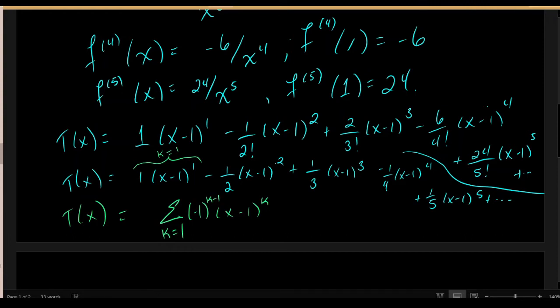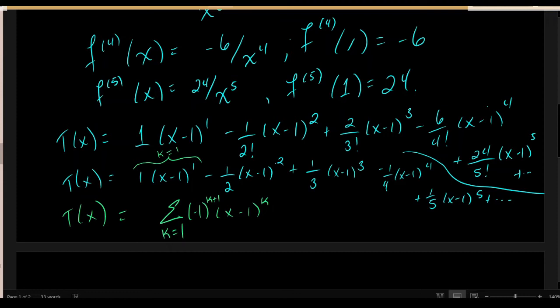Let's confirm that when k is equal to 1, the exponent k plus 1 becomes 2. So I have minus 1 to the power 2, which outputs a positive value. So I had to make a slight modification to the power on negative 1 in order to make it alternating, but alternating in the correct way, starting with positive and then becoming negative.